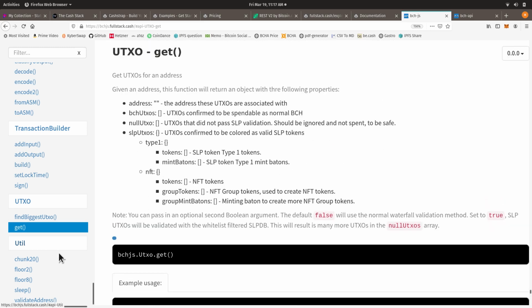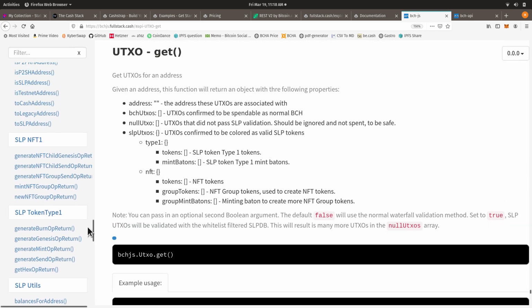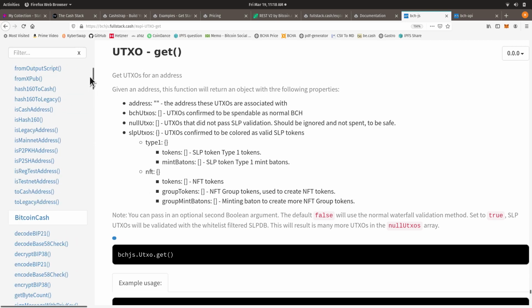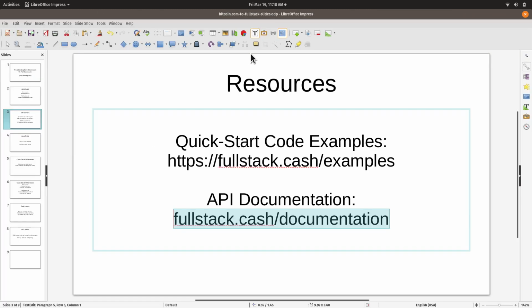We also have a lot of utility functions. It basically has all the functionality that Bitbox has, plus a lot of higher level abstraction calls. So that's where you can find the code examples in the documentation.